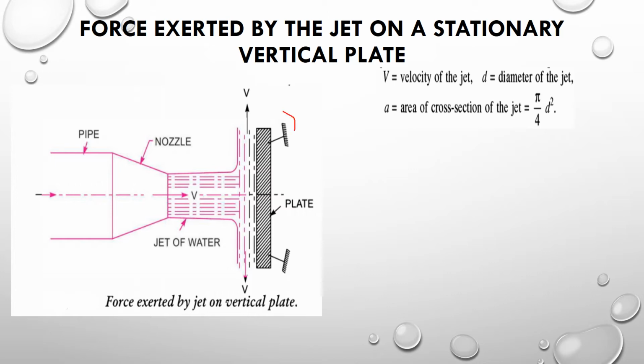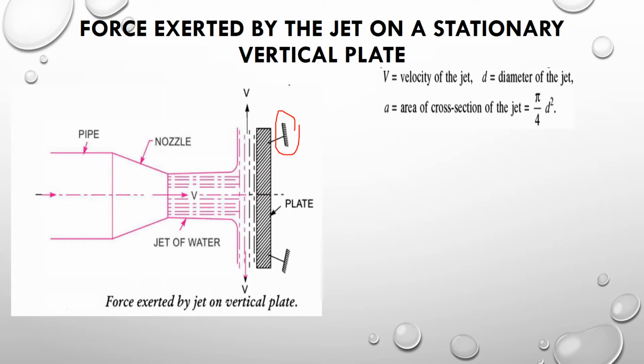The plate is fixed, and the water strikes it, and water is being deflected in both of these directions like this. So let v be the velocity of the jet, d the diameter of the jet, and a the cross section of the jet. So the area will be pi by 4 d square.